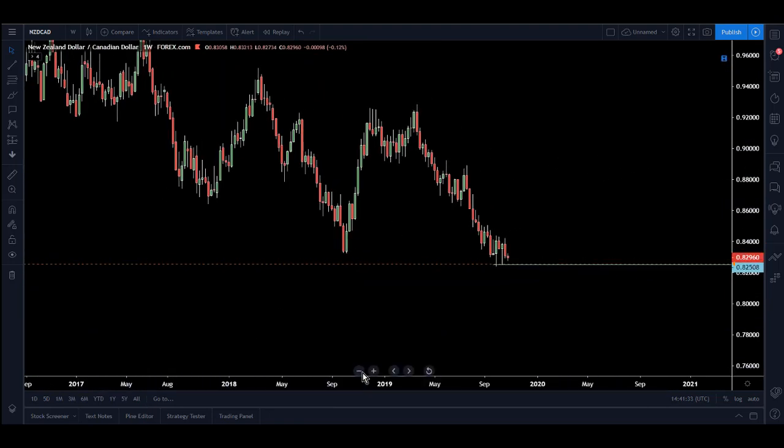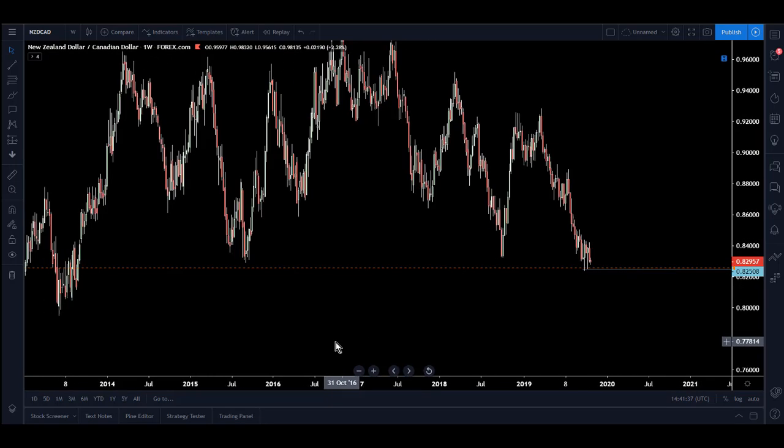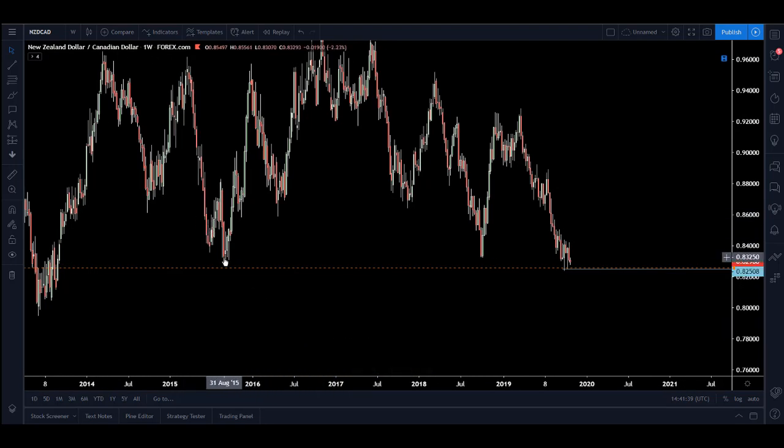Let's just look at the bigger picture. We kind of come into these lows here. We could actually see a nice up move on Kiwi CAD. And right at the bottom here will be a great area to buy from.